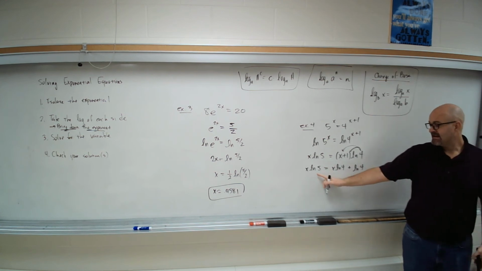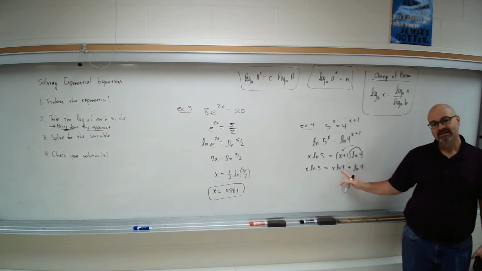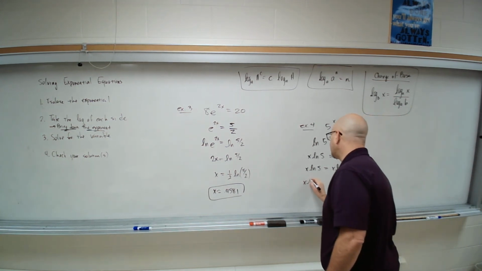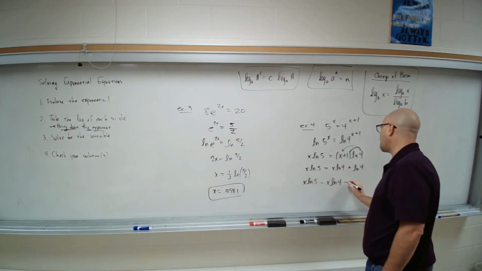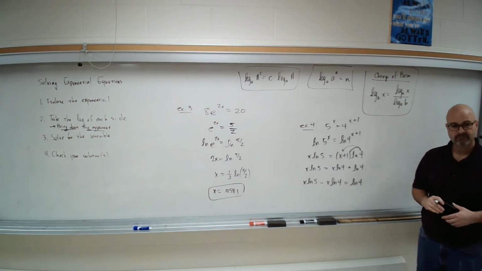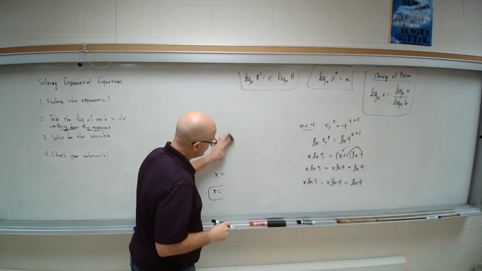Now, these both have x's. So let's subtract x natural log 4 from both sides. So we'll get x natural log 5 minus x natural log 4 equals natural log 4. Let me give us some more space here. Get rid of this one.